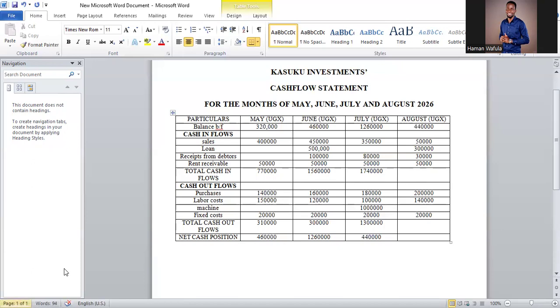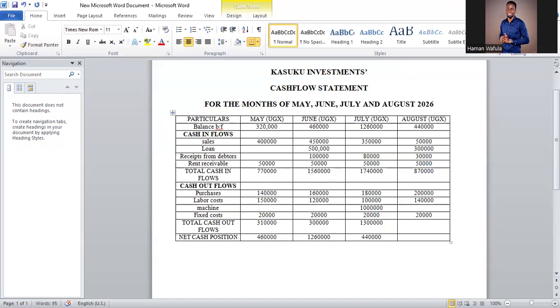So we add 440,000, 140,000 plus 50,000 plus 300,000 plus 30,000 plus 50,000, we get 870,000. That is total cash inflows for August.